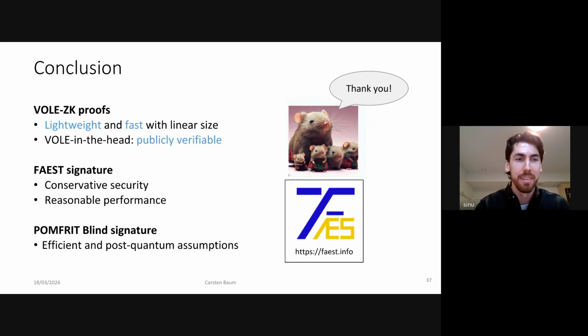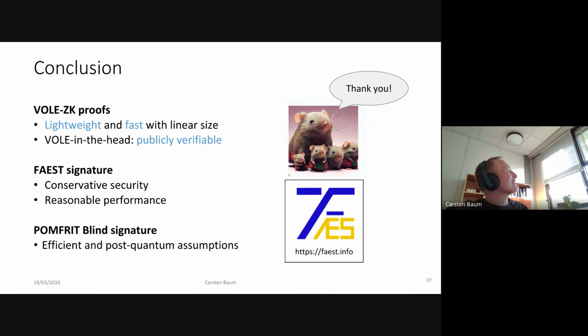So the efficiency actually doesn't go down. It's actually quite the opposite. When you go to larger fields, the interesting thing is that VOLE-in-the-head itself is super efficient for the mod 2 setting.